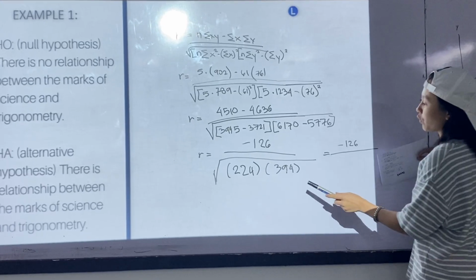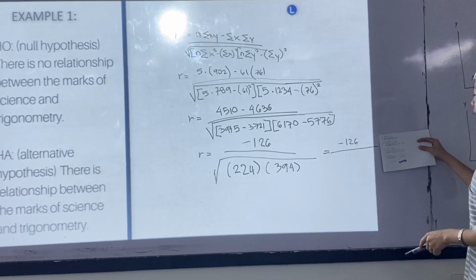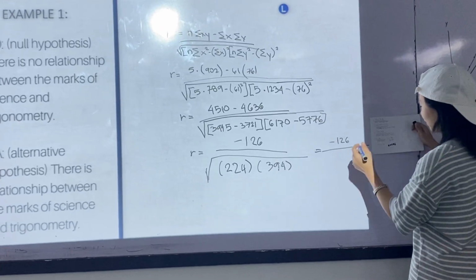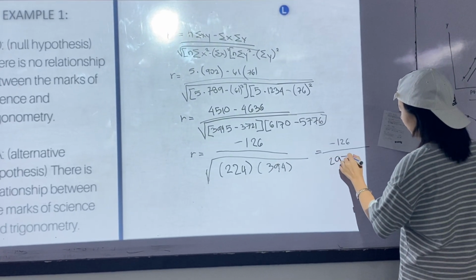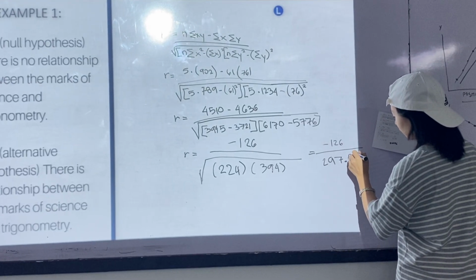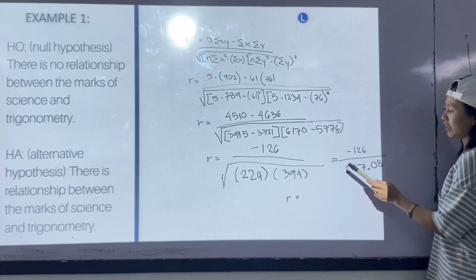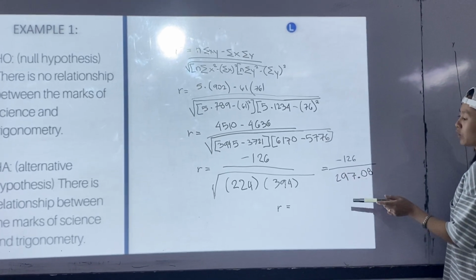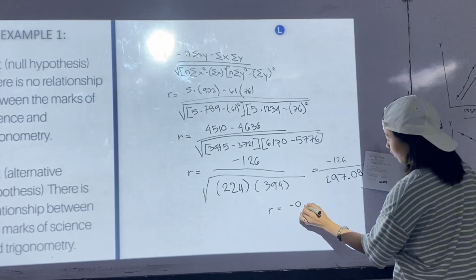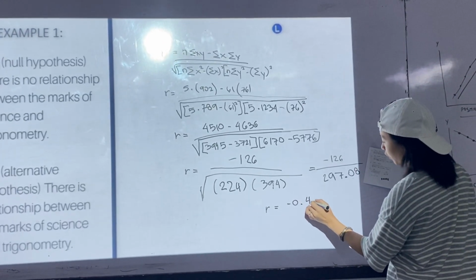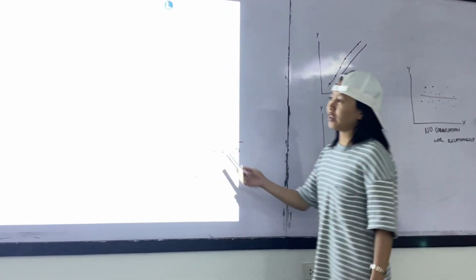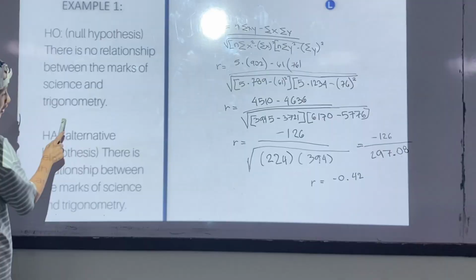And multiply the 224 and 394, that is 88256, and the square root of 88256 is 297.08. And divide the negative 126 by 297.08, that is negative 0.42. Therefore, there is a negative correlation between the marks of science and trigonometry.